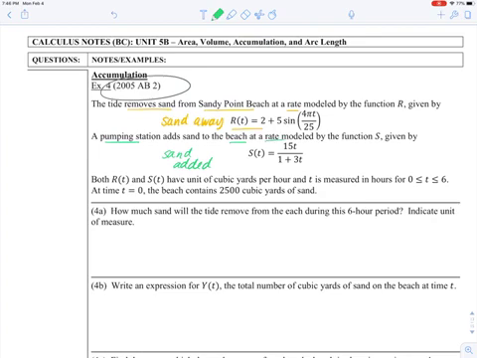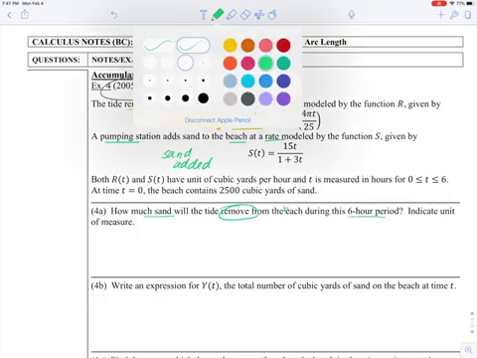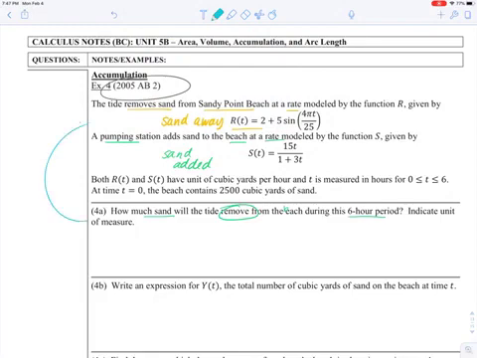Okay, so the first question says, how much sand will the tide remove from the beach during this 6-hour period? And if we're talking about removal, I'm talking about r of t. So the integral from 0 to 6 of r of t dt, integral from 0 to 6 of 2 plus 5 sine of 4 pi t over 25.